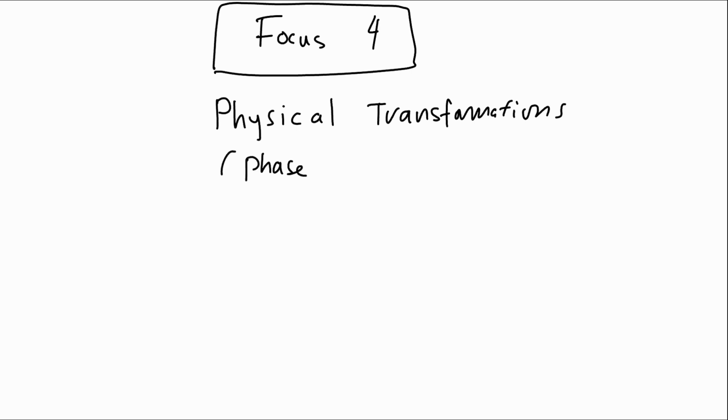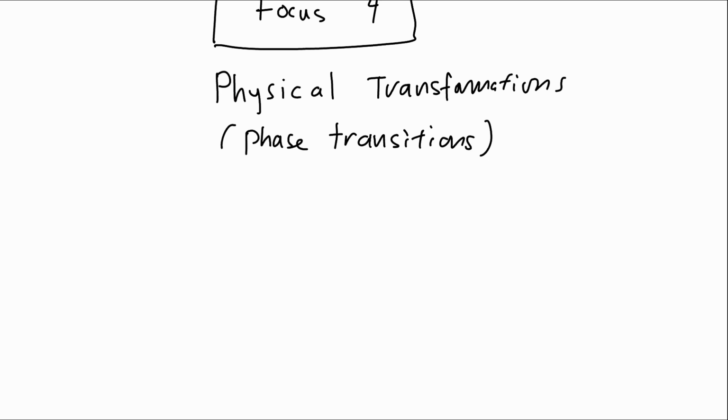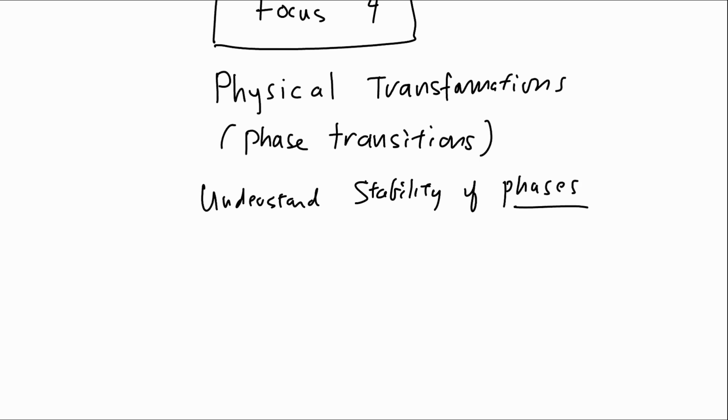And the other, we more commonly call these things phase transitions, okay? And we can understand stability of phases. And what do I mean by phases? You'll see. You probably know, in fact, but I'll say it when I get there.